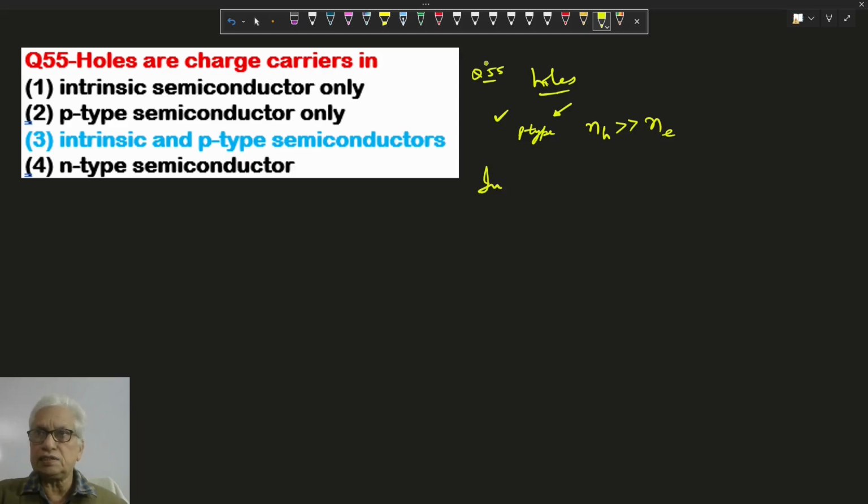In intrinsic semiconductors, holes as well as electron concentration are equal. So in intrinsic pure type, holes are available. In p-type, holes are available in plenty, but in n-type, electrons are more. So option 3 is correct.